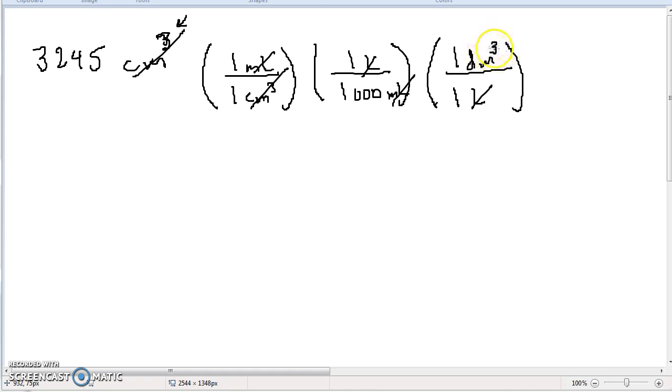I just copied down the 3, but didn't really have to use it. So this ends up being 3.245 cubic decimeters. Now there's another way to do this, but the other way I will show you in the future homework assignment where you need to use that other way. This is the easiest way to do this problem here for part H.